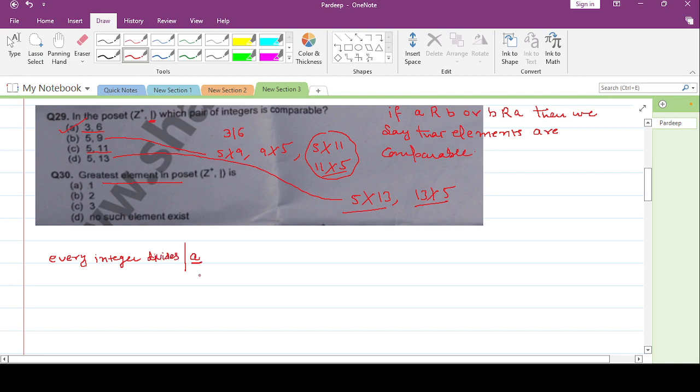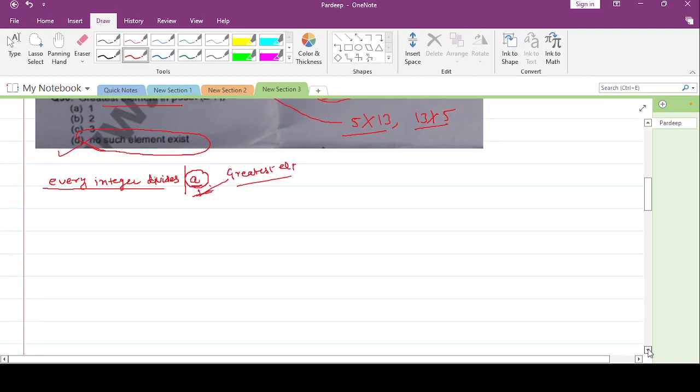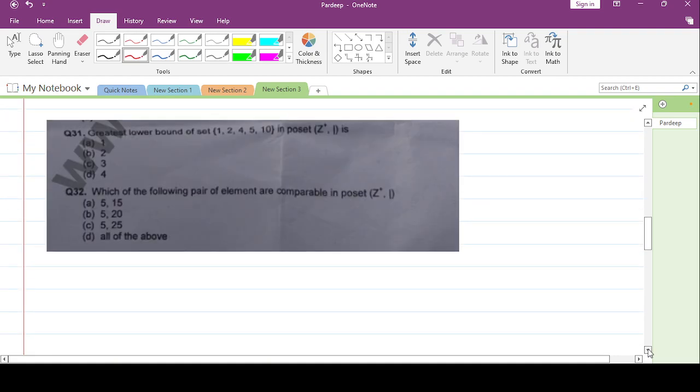Actually, we cannot find such an integer such that every integer divides this greatest element. So this is not possible to find, so we say that no such element exists. The greatest element in Z plus does not exist. Now see what is the lower bound of this set in Z plus.